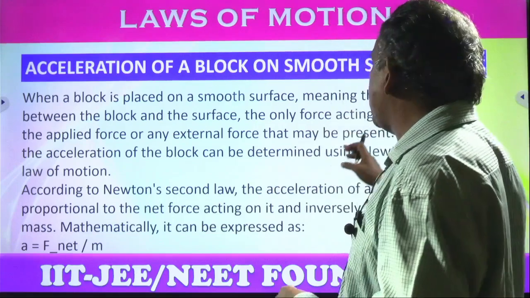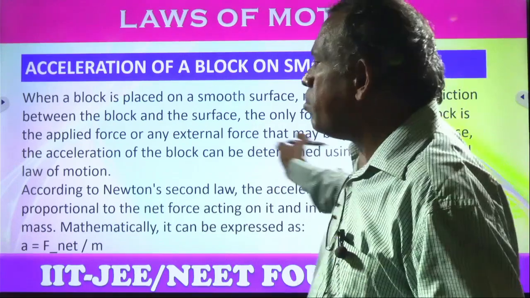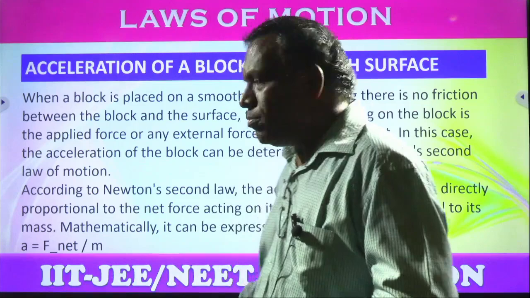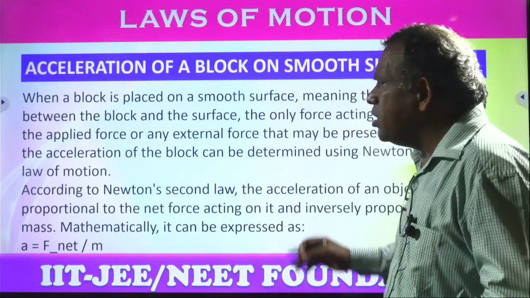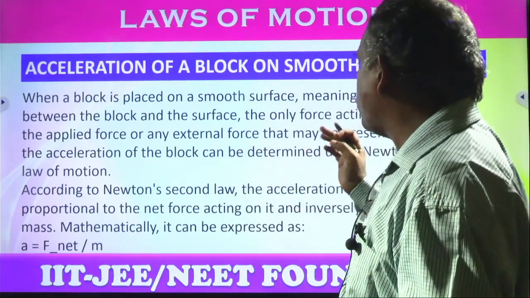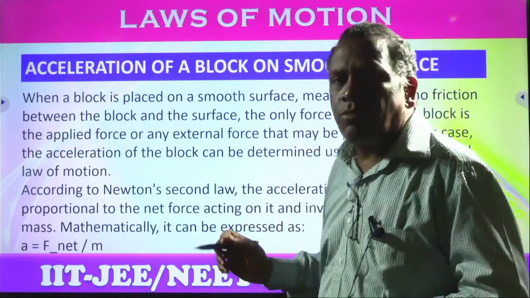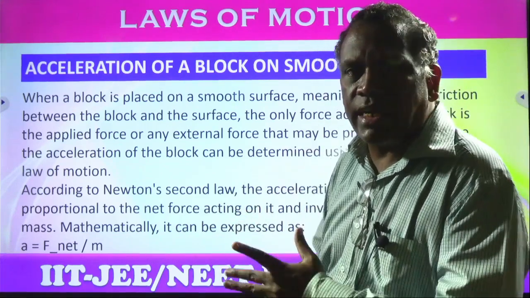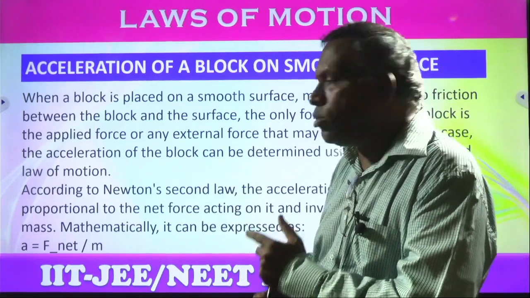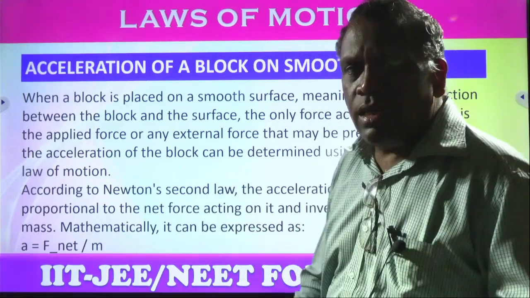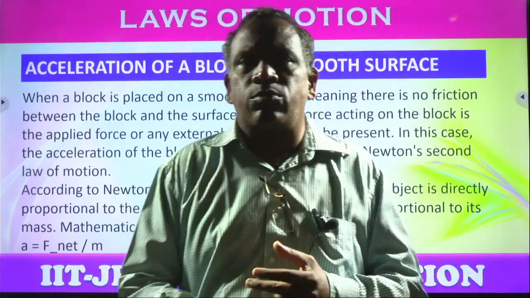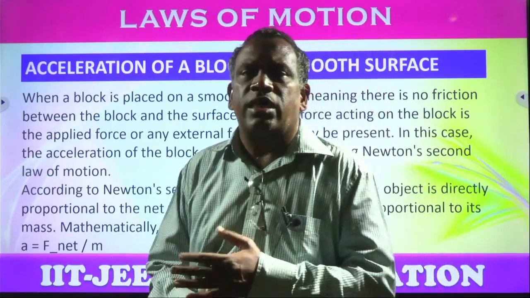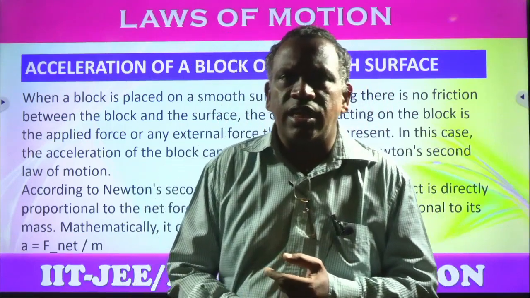The second point is the force acting on the block by the applied force. We have to consider the external force that is acting, that is, what forces are acting on the block, which should be taken into consideration. Basically, these types of problems can be solved using Newton's second law of motion. What is Newton's second law of motion?